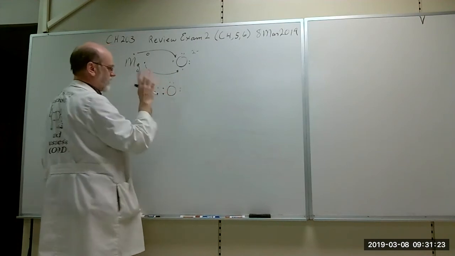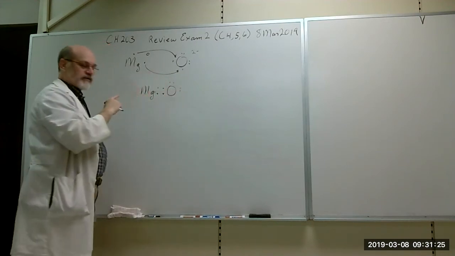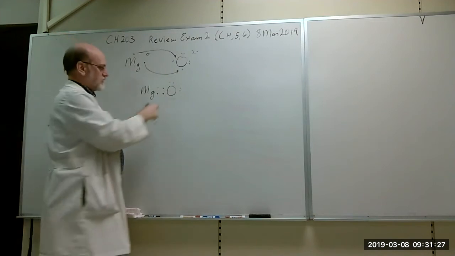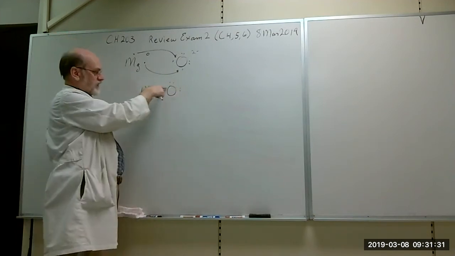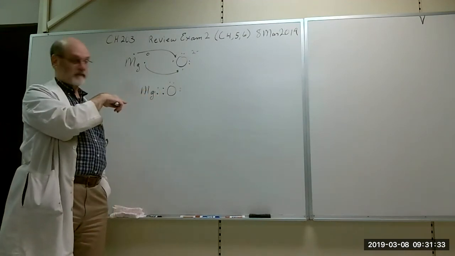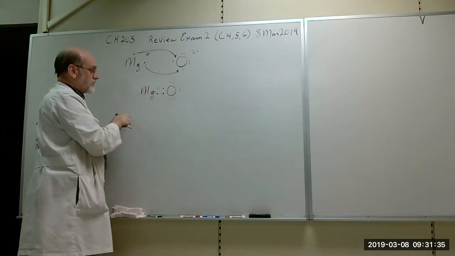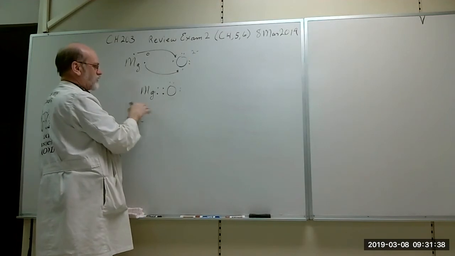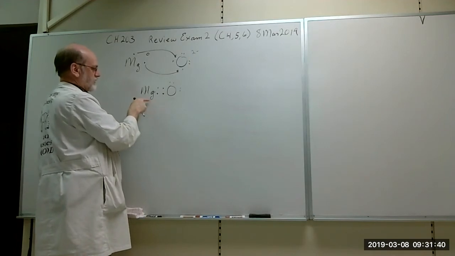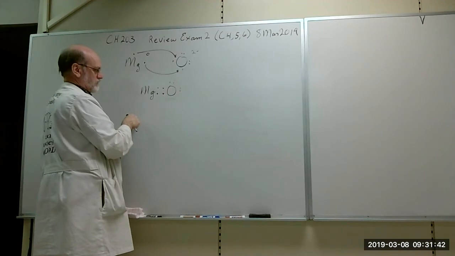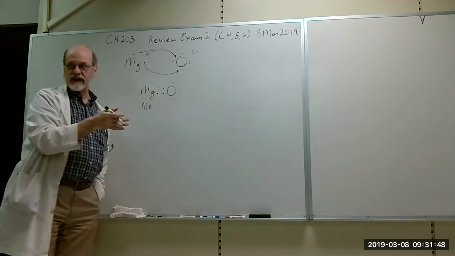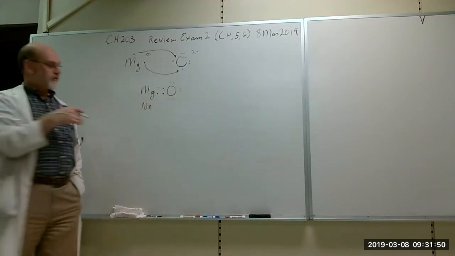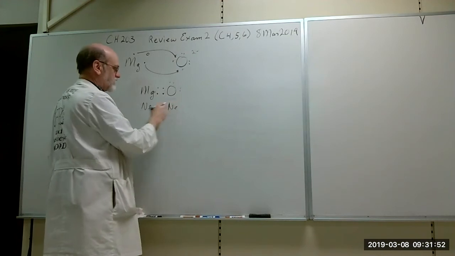Now oxygen thinks it has 8. 2, 4, 6, 8. Because these are in the bond. And magnesium is perfectly happy to let oxygen have them. So now magnesium looks like neon in its electronic structure, and oxygen looks like neon in its electronic structure.